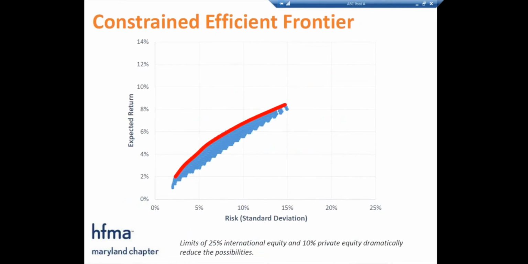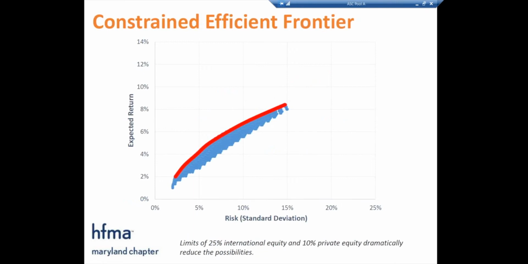So in practice, many of us actually don't compute that entire efficient frontier. We subject our portfolios to constraints, and we do this for practical reasons. So for instance, I did the same exercise to develop this cloud and frontier as I did for the prior one, but I put in some limitations, and I said basically no more than 25% international equity and no more than 10% private equity.